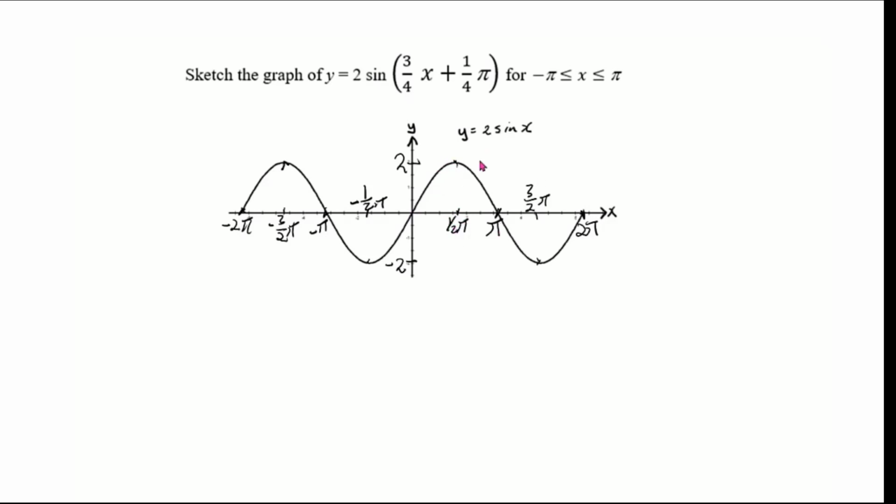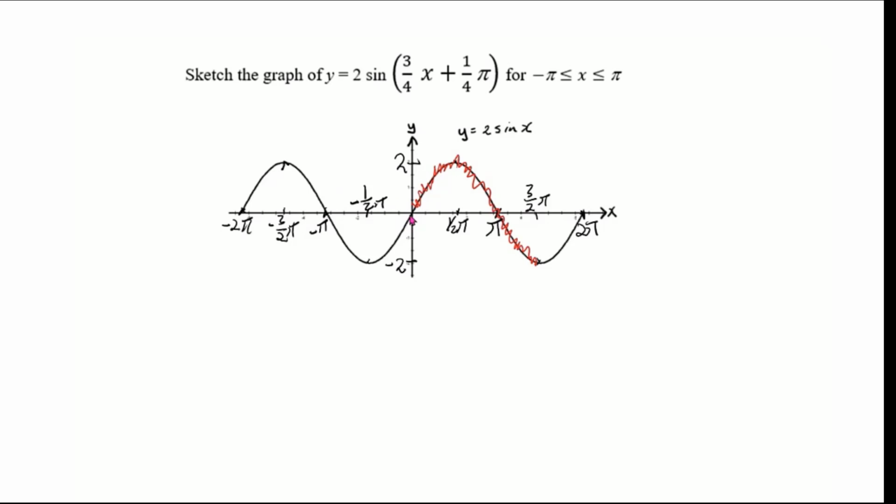From 1 over 2 pi to pi is the second quarter. From pi to 3 over 2 pi is the third, and finally the fourth quarter. Since this equation only needs 3 over 4 period, which means 3 quarters, we need to take from 0 up to 3 over 2 pi.